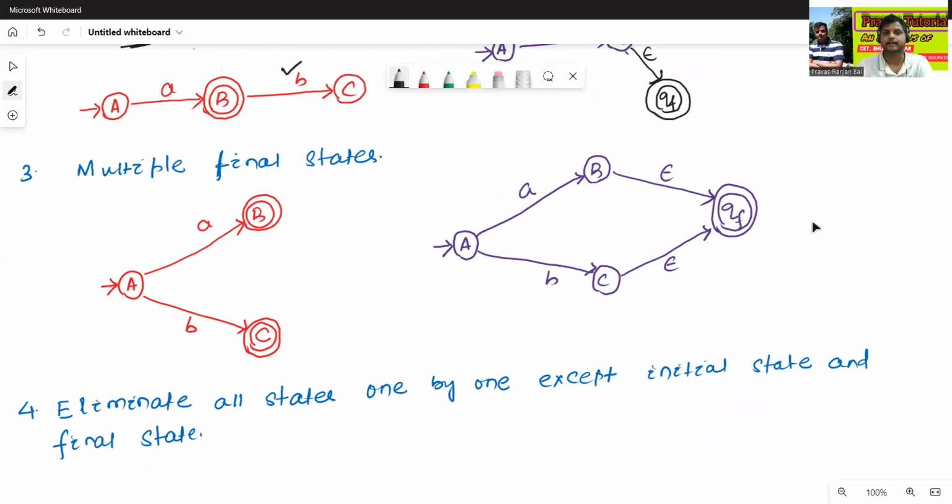The third rule is: are there multiple final states? Suppose this is the given finite automata, and it contains multiple final states, meaning more than one final state. What to do in this case?